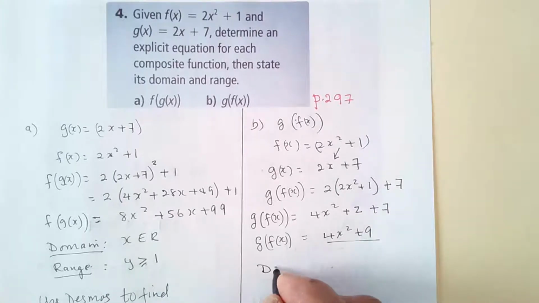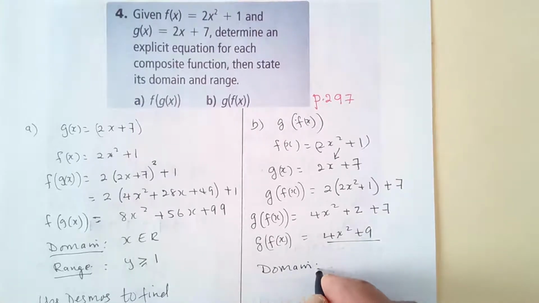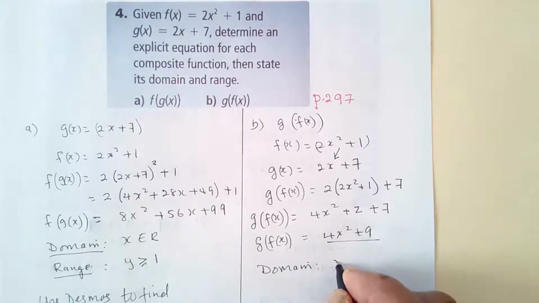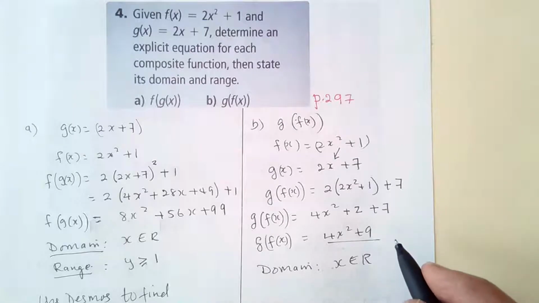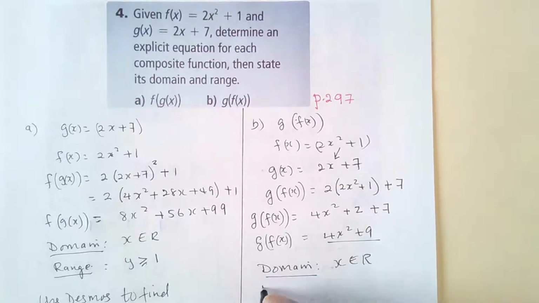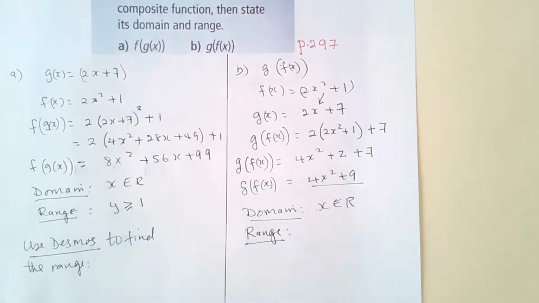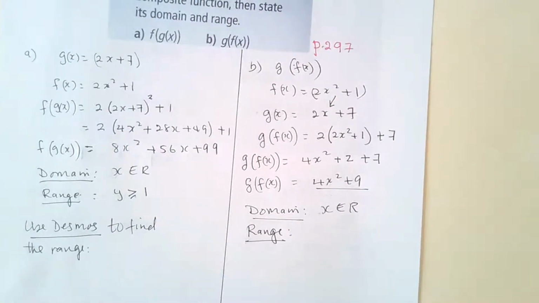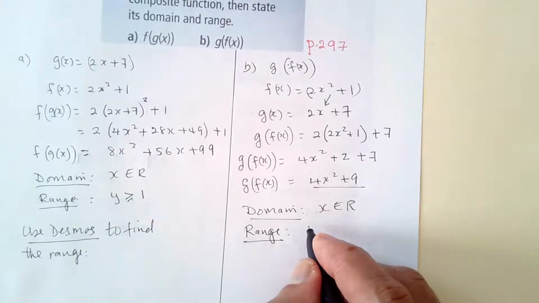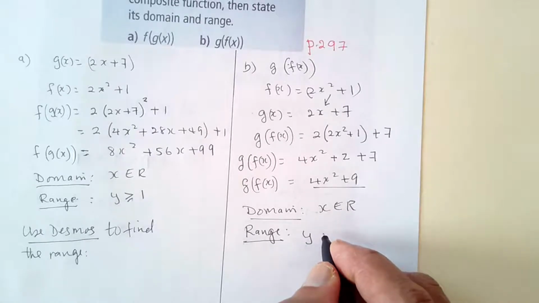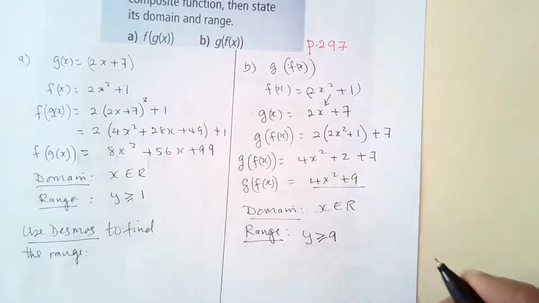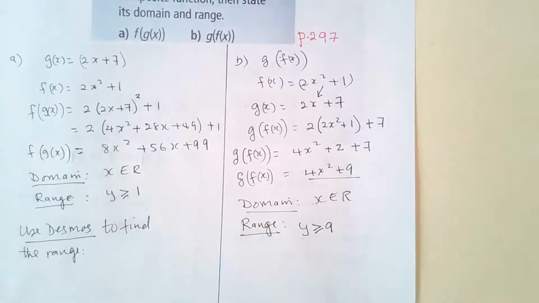So the domain is x, all real numbers, and the range is y is greater than or equal to 9. Okay, so those are 2 examples, and we've done a number of these earlier.